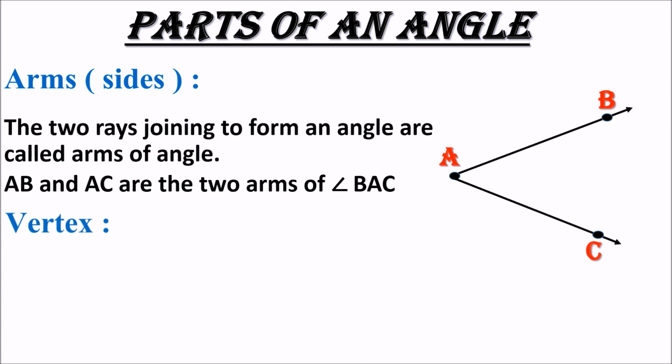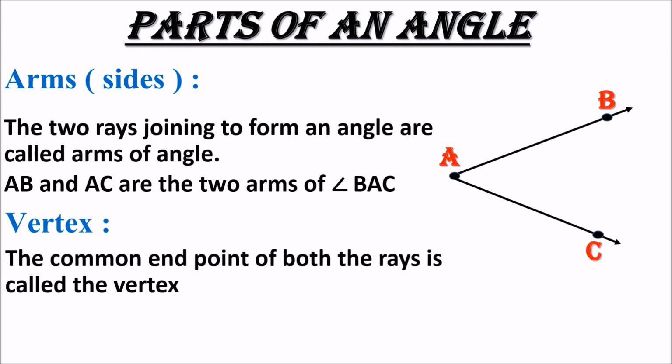Here we have the second part, the vertex of an angle. The common endpoint of both the rays is called the vertex. Look at this figure.